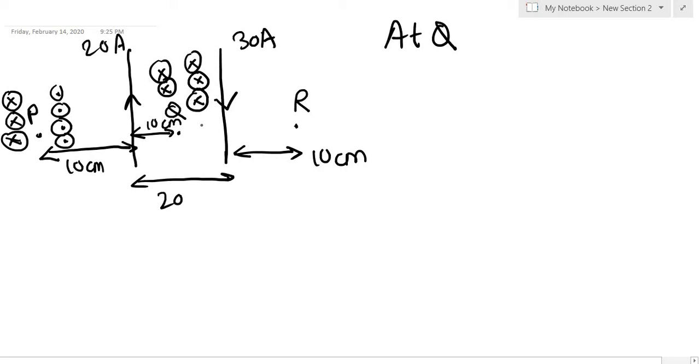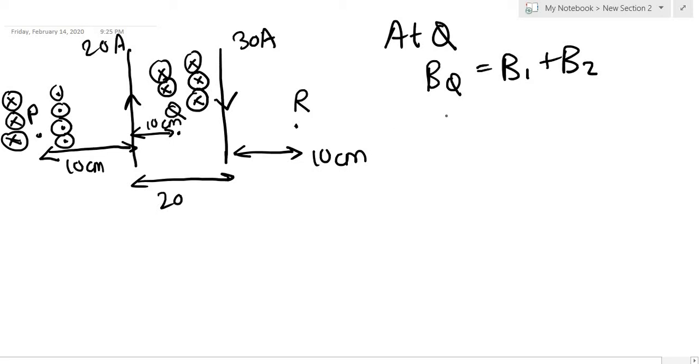Wire 1 and wire 2 both will penetrate. So basically you know that BQ is B1 plus B2, and you can guess, since both are penetrating, the resultant would also penetrate. But let's find the direction in the end.